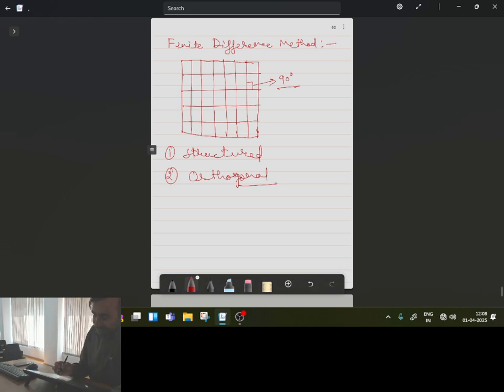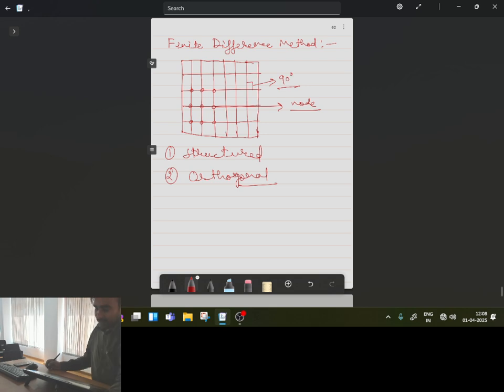Okay, and the point of intersection of these parallel and perpendicular lines is considered to be my node points or nodal values. So these are the locations where data is typically stored, and these locations are used for transformation of partial differential equations into algebraic equations.